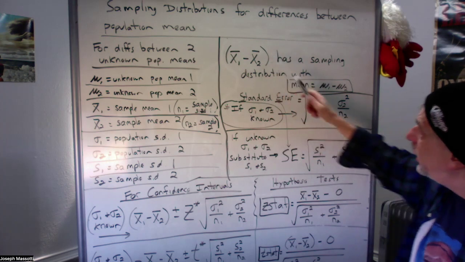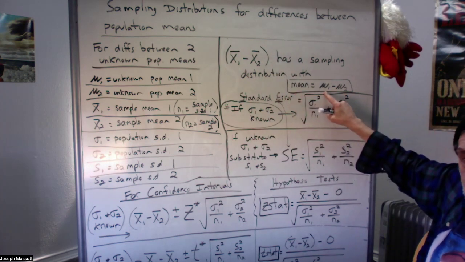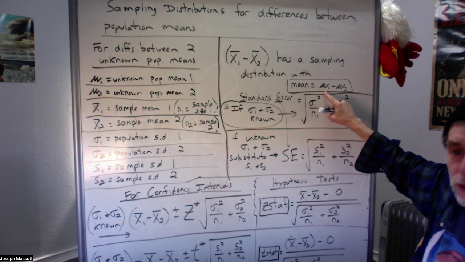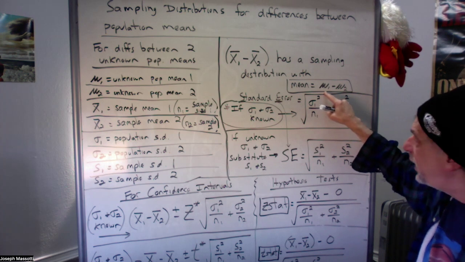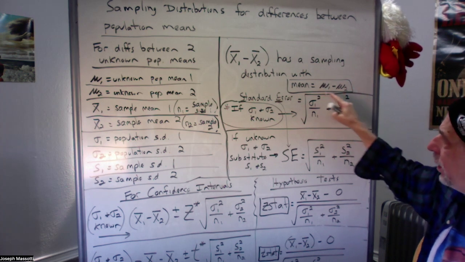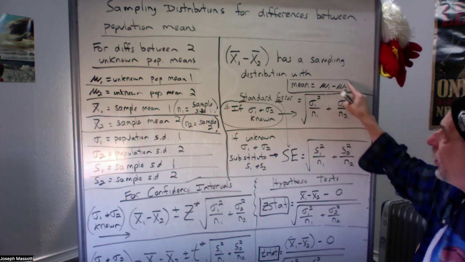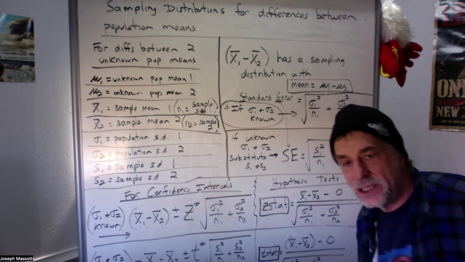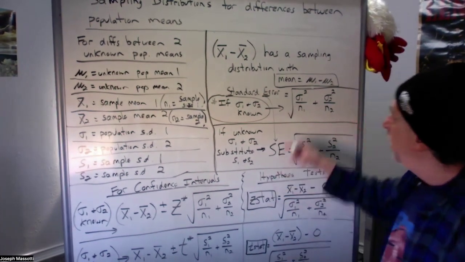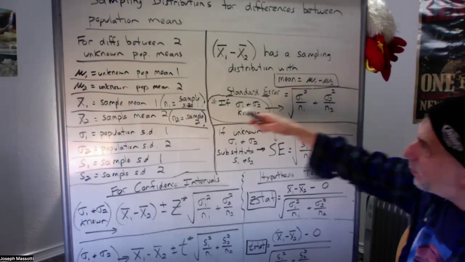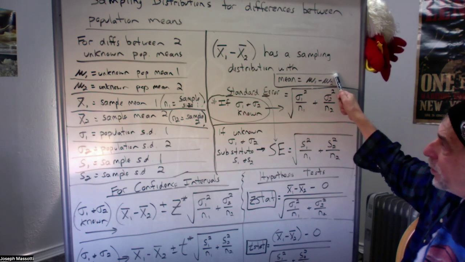That distribution is going to have a center at the null hypothesis, that there is no difference between the two population means. We don't know what these numbers are, right? When we do a hypothesis test, we're going to assume that this number is 0 and that there is no difference between the two population means. But we don't know what these numbers are, right? These are unknown population means. But that's the center of our sampling distribution.